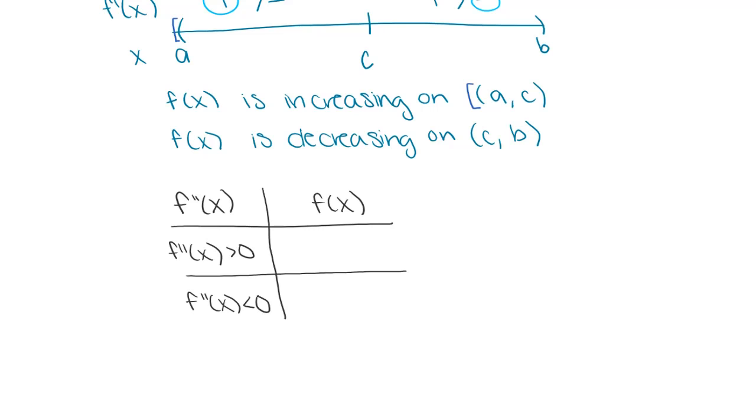Remember that when you are greater than 0, you are positive, you are smiling, you are concave up. Not you specifically, but the function is concave up. And when you are negative, you're frowning, so we have concave down. And rather than trying to keep that straight in my head, I just always draw the little pictures. I really think it helps, but that's just how my brain works.